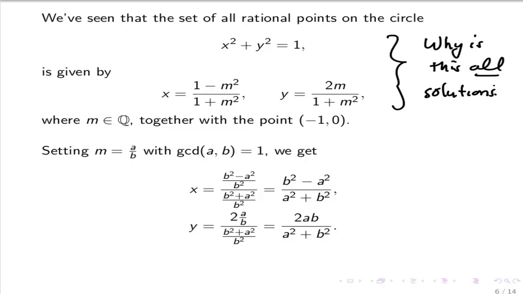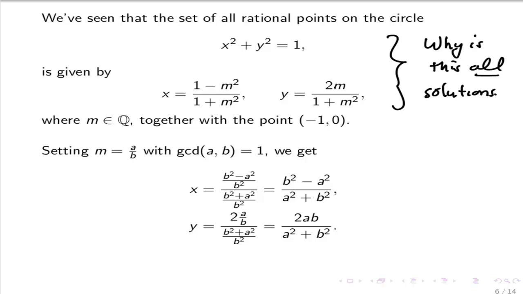Okay, next. If m is a rational number, we can write it in the form a over b with a and b relatively prime. And so just doing that and plugging it in here, we get that x is this big stacked fraction, which simplifies to b squared minus a squared over b squared plus a squared.